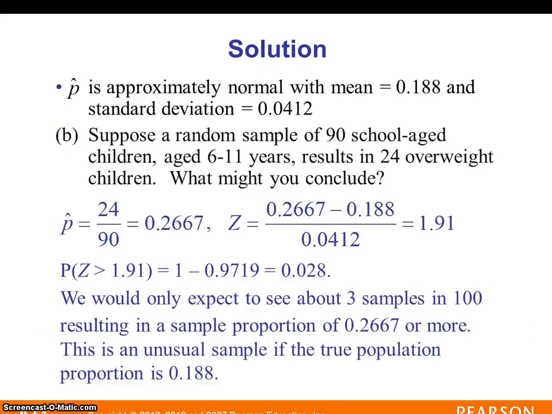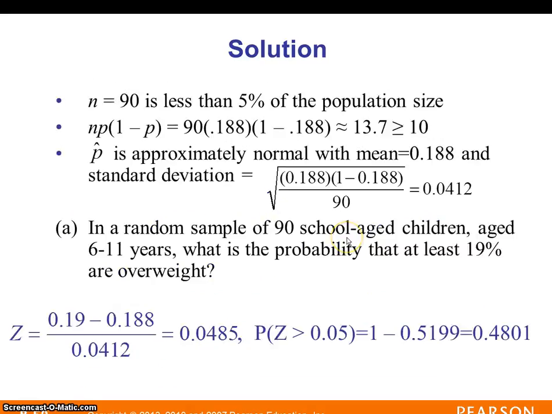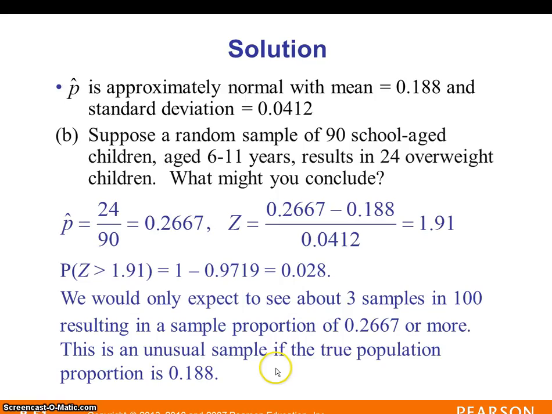For part B, in this case, the proportion is 24 out of 90, so that's your p-hat. Plug that into your formula again. You'll notice that these two are the same as we had in the previous slide, 0.18 and 0.0412. That gives you a z-score of 1.91. So the probability that the z-score is greater than 1.91, you'll have to look up in table 5 or use StatCrunch.